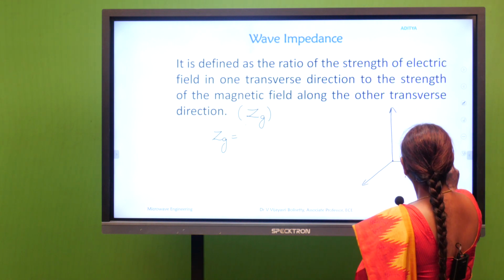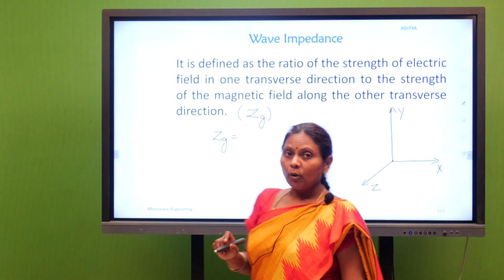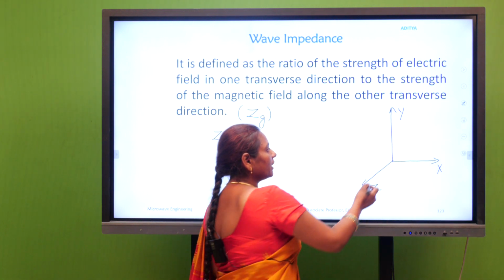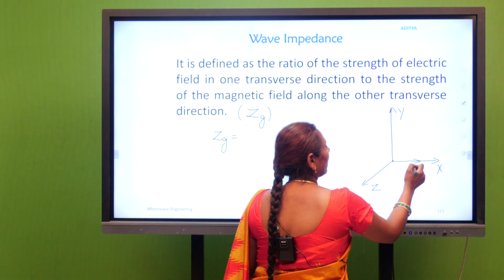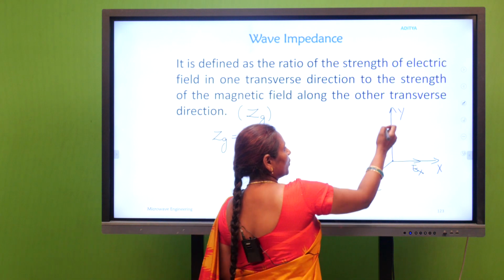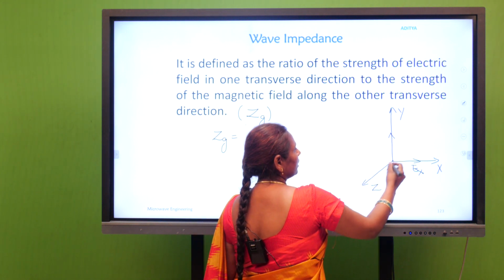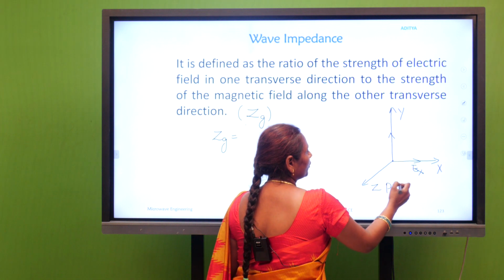So this is x, y and z. So if you take the electric field along this x axis, then any other transverse direction, that means you can take it on y or z, then generally z is considered for the propagation of the wave.